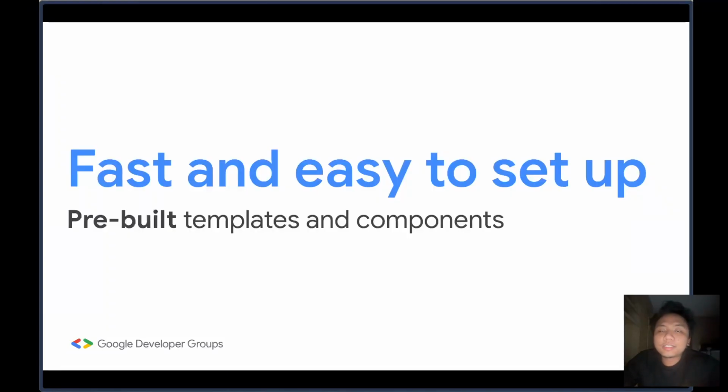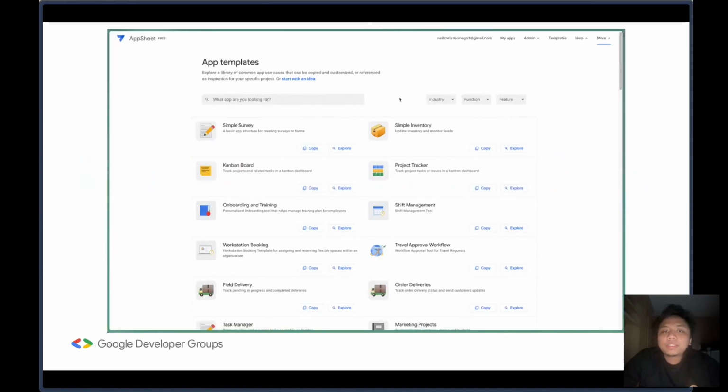Next, it's fast and easy to set up. Similar to other no-code platforms, AppSheet is a community-driven platform wherein you as a community member, or me as a community member, can give templates for other users to use. So there's a lot of pre-built templates and components.